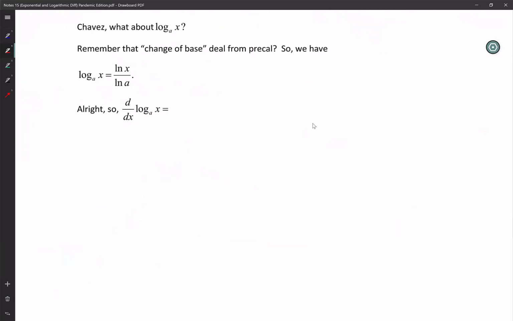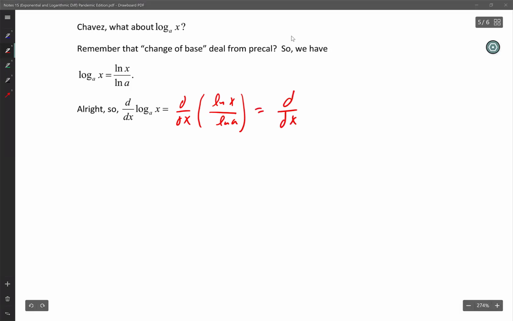The change of base. So log base a of x is ln of x over ln of a, where ln of a is a constant. So the derivative is like saying d dx of ln of x over ln of a. Now remember, ln of a is a constant, guys. So I'm going to rewrite it as 1 over ln of a times ln of x.